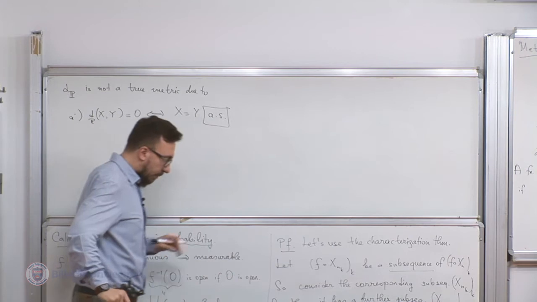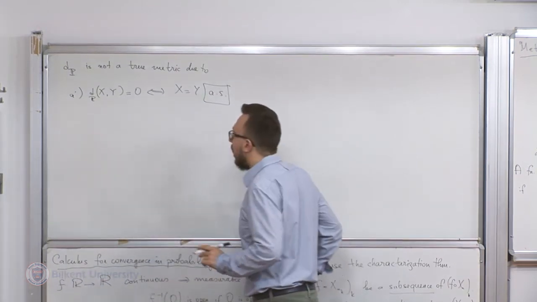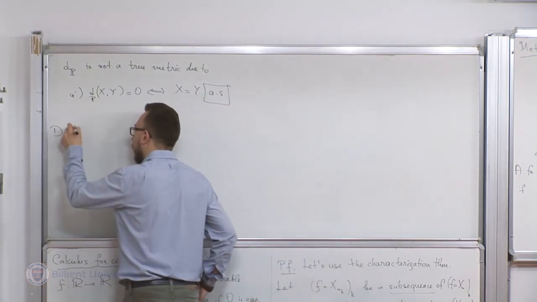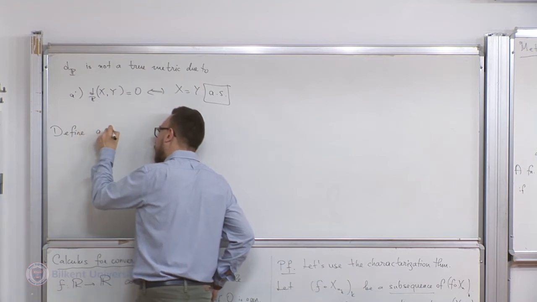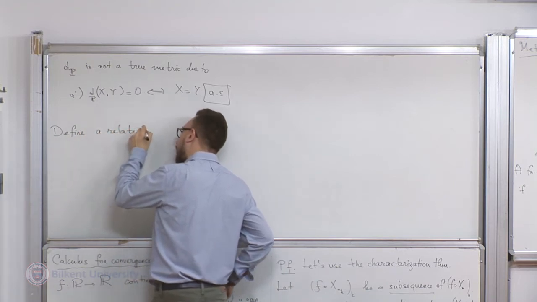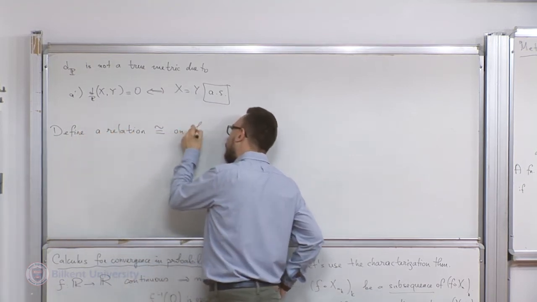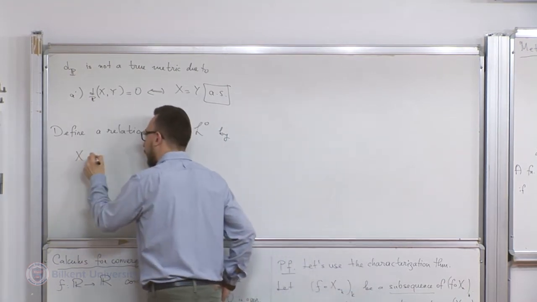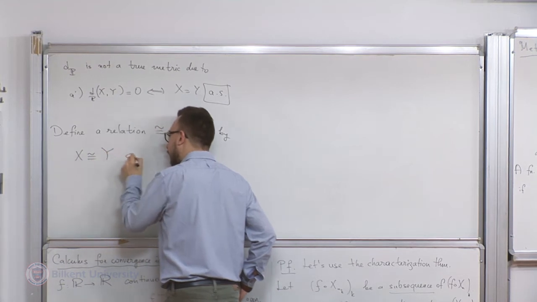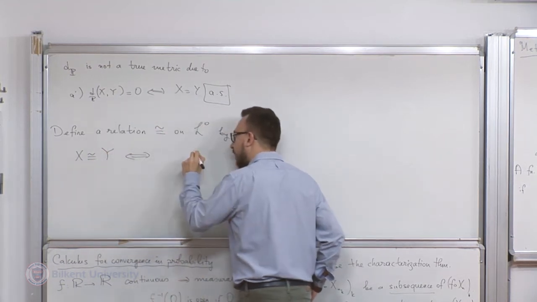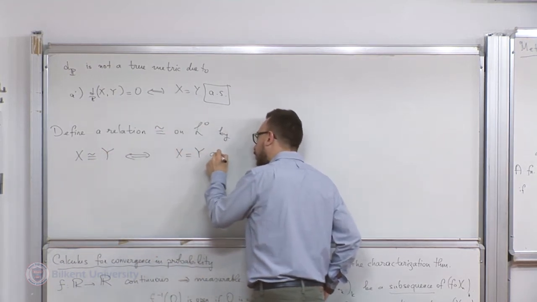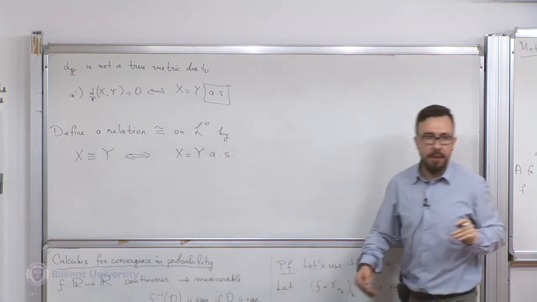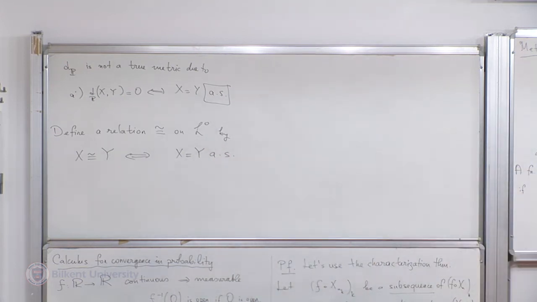What we do in probability is to define a relation on L0 by the following. We call x and y equivalent if and only if x and y are equal almost surely. Okay. What kind of a relation is this?